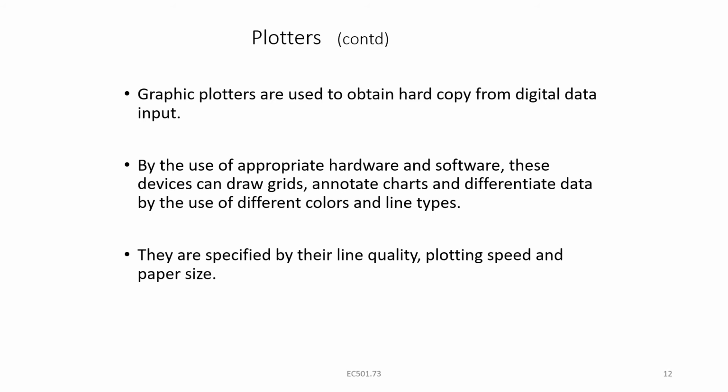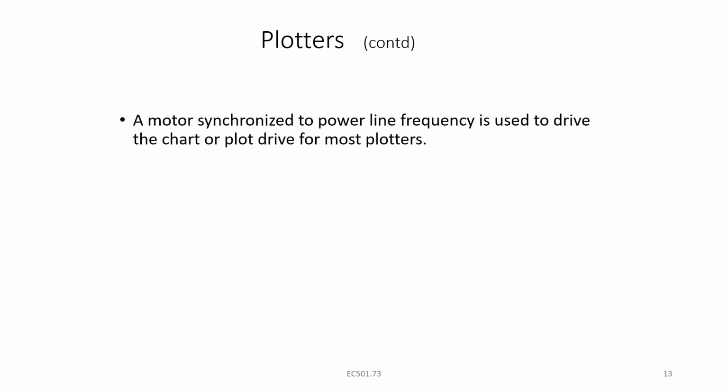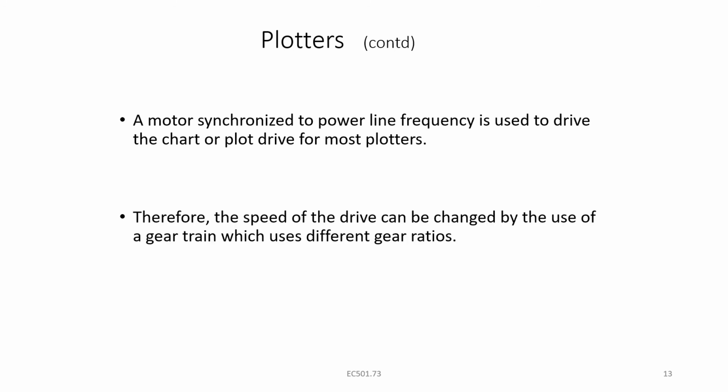They are specified by their line quality, plotting speed, and paper size. A motor synchronized to power line frequency is used to drive the chart or plot drive for most plotters. Therefore, the speed of the drive can be changed by the use of a gear train which uses different gear ratios.